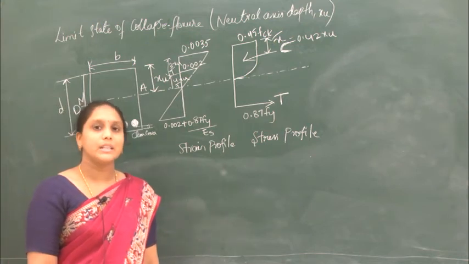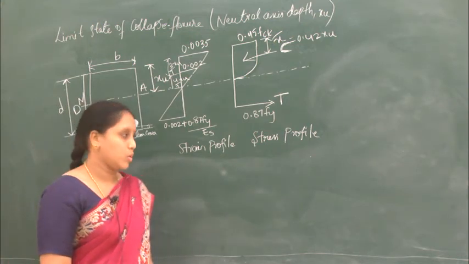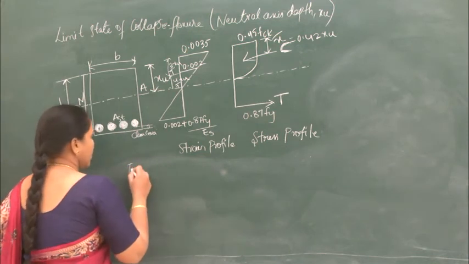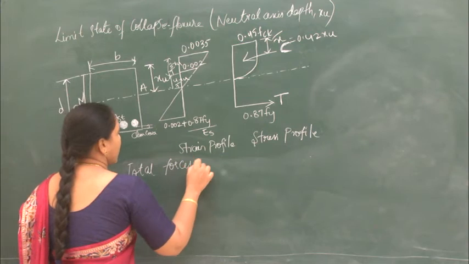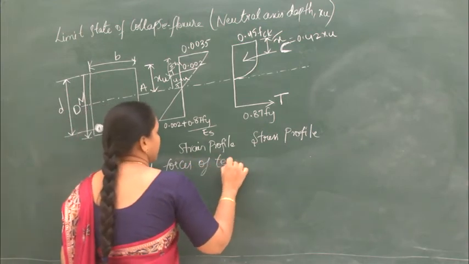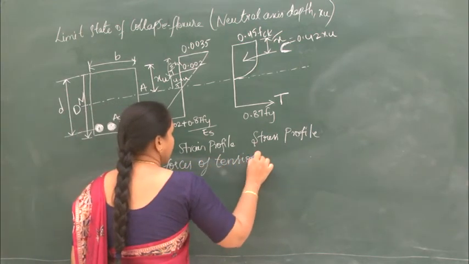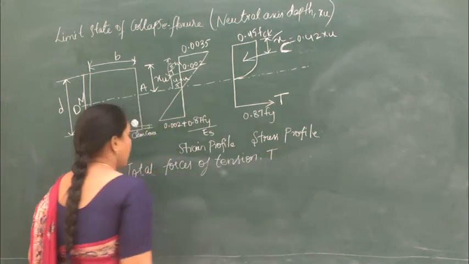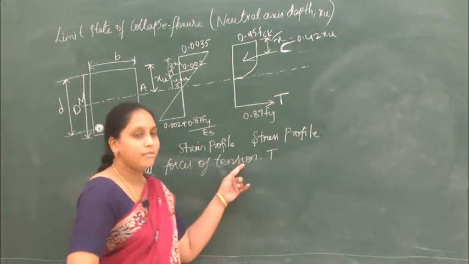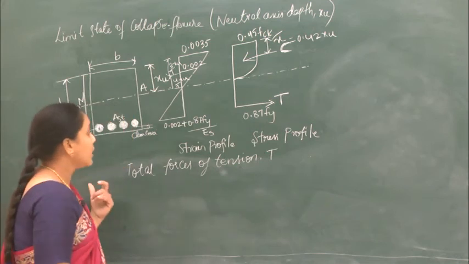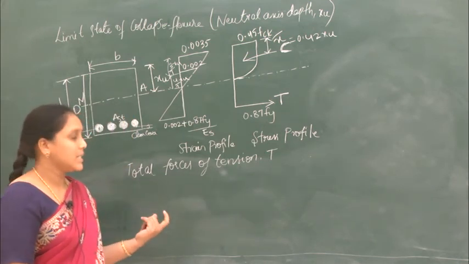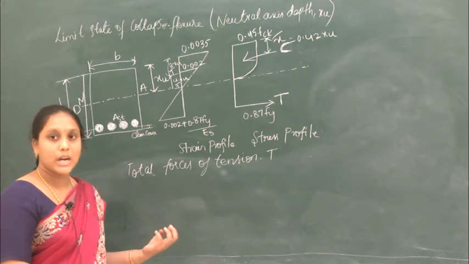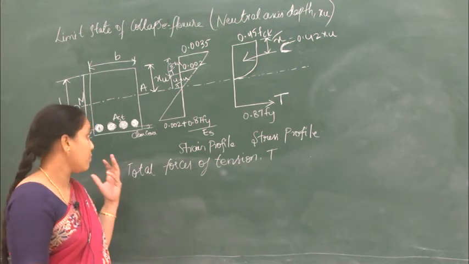Now let us calculate the total tensile force, the total force of tension T. Here, we have seen the assumption already. What is the assumption? That all the tensile forces are taken up by the steel.